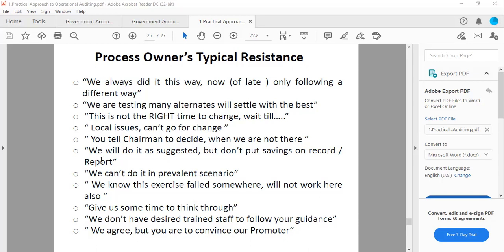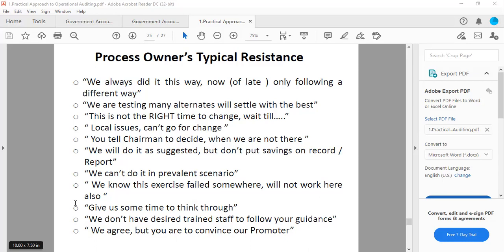Another is we will do it as suggested, but don't put savings on record or report. So we don't want that to happen so as not to affect the respective salaries. Then we can't do it in the prevalent scenario. So this one is really inability to do it. Another is we know this exercise failed somewhere and this will not work here also.